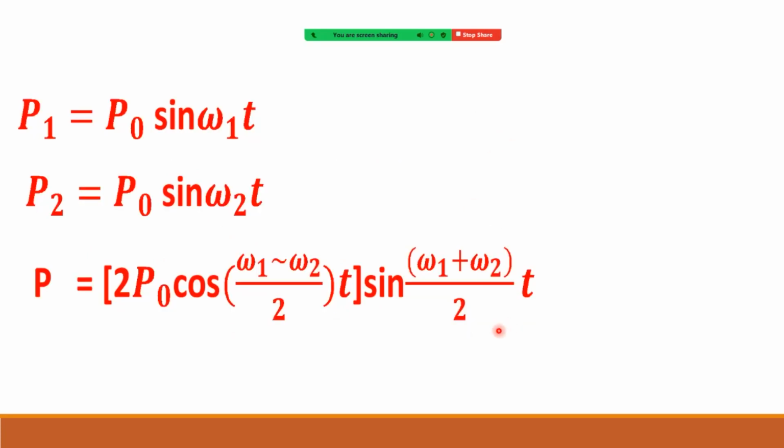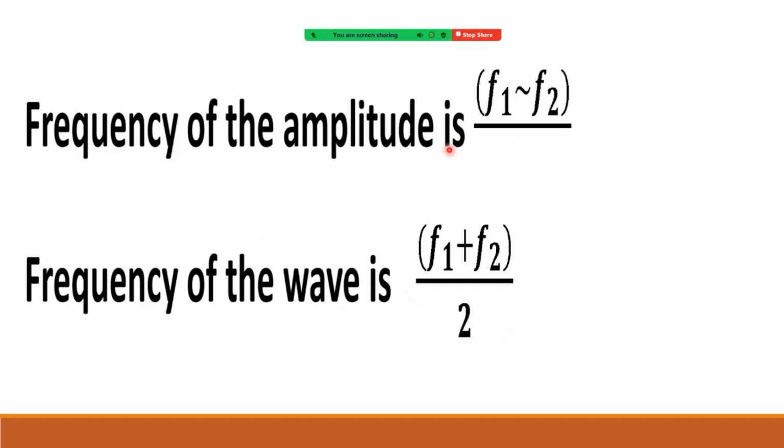See carefully: the frequency of this function is (f1 minus f2) by 2, but for the modulus of this function, that is the amplitude, because amplitude can never be negative, it means f1 minus f2. That is what we have taken here. And the frequency of the entire wave is (f1 plus f2) by 2. So this is directly from the mathematics, right?